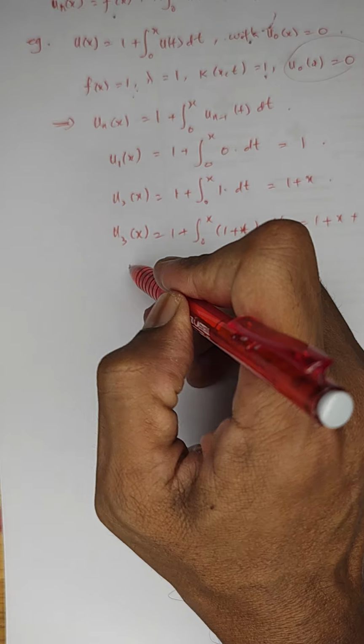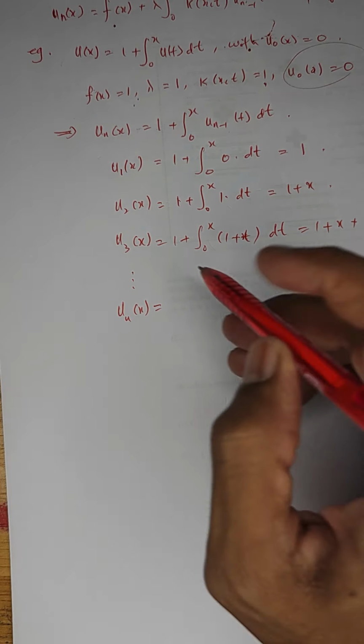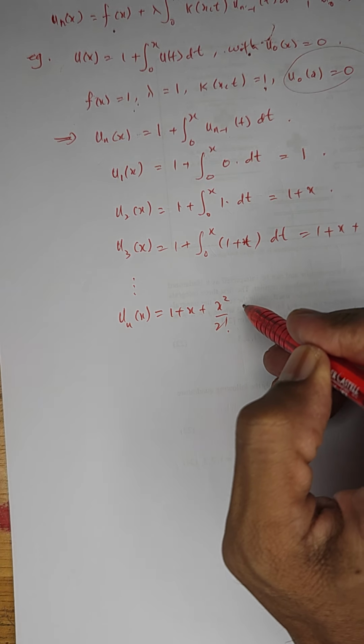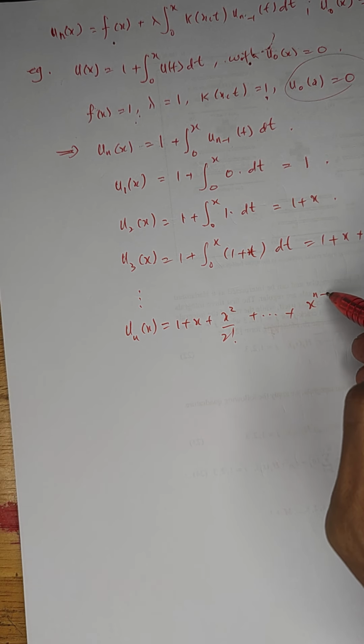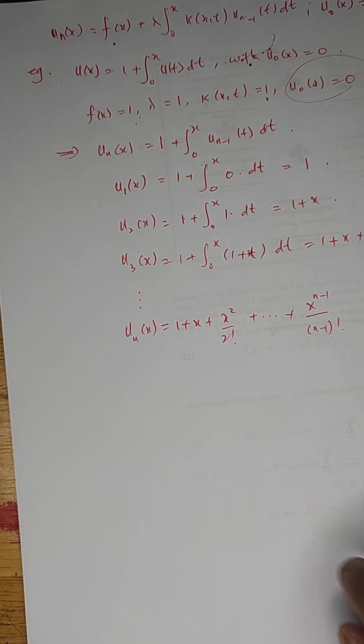And then you can proceed like this. If you find up to un(x), that will give you 1 plus x plus x squared over 2 factorial, and so on, up to x^(n-1) over (n-1) factorial, for un.